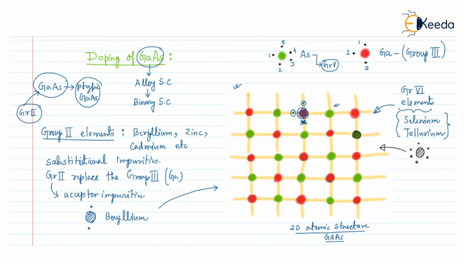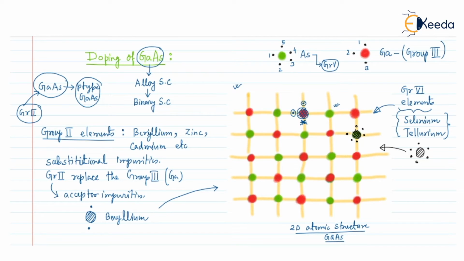Previously the arsenic atom had 5 electrons in the outermost orbit. Now when it is replaced by the group 6 element, it will have 6 electrons in the outermost orbit.